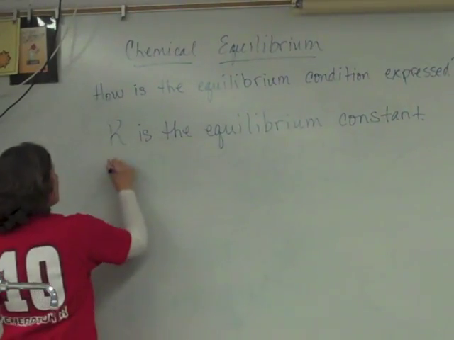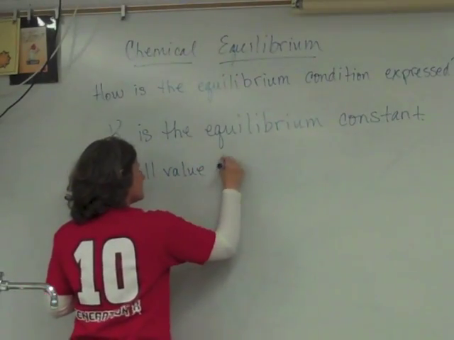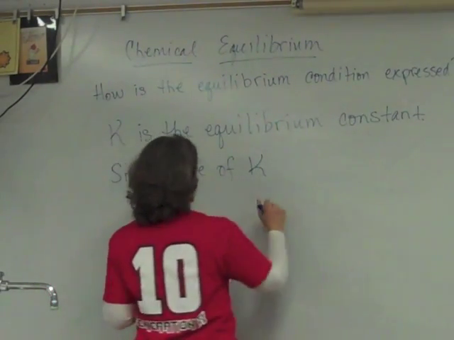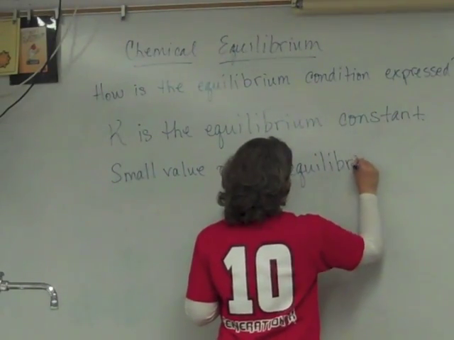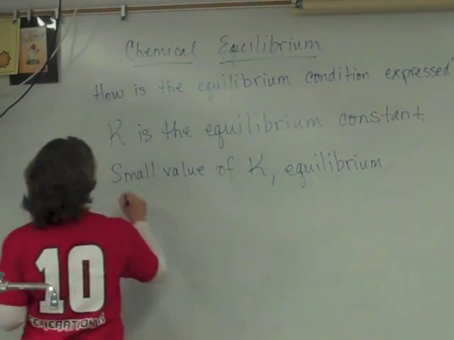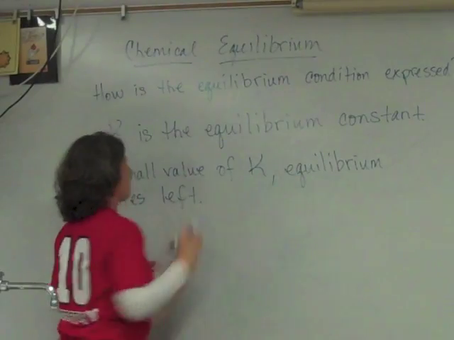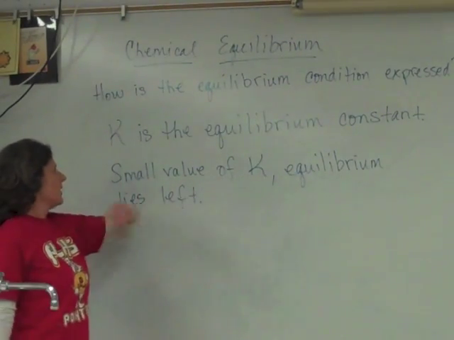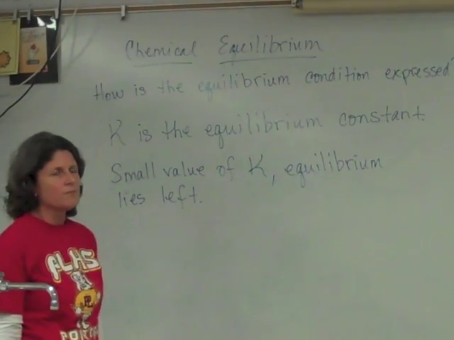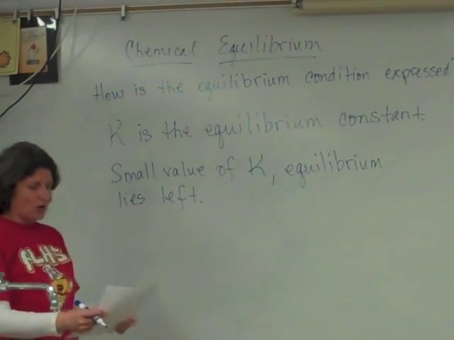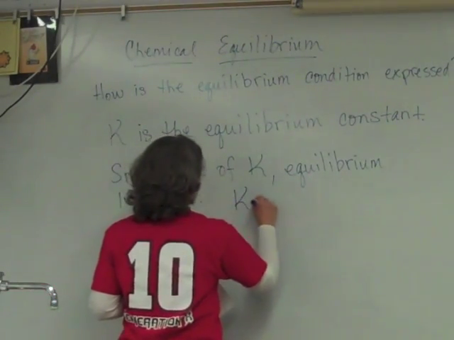But first of all, a small value of K tells us that equilibrium lies left. If we have a small value of K, that tells us that when a reaction reaches equilibrium, it's going to favor reactants. What is a small value for K? That means K is less than 1.